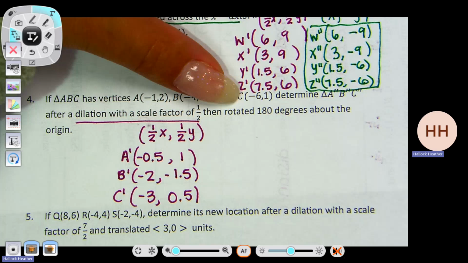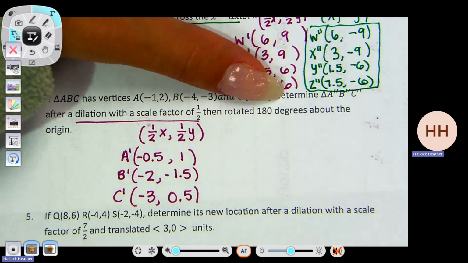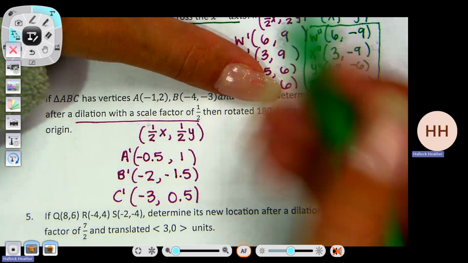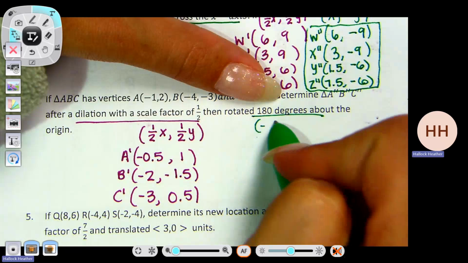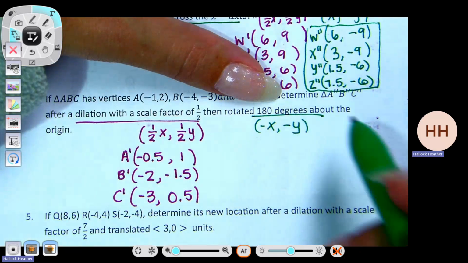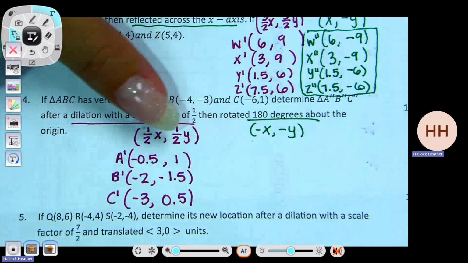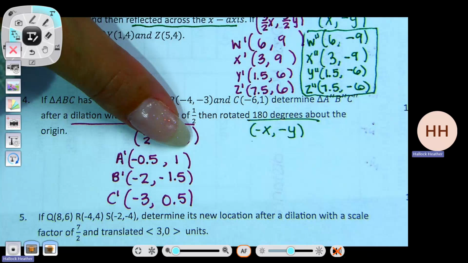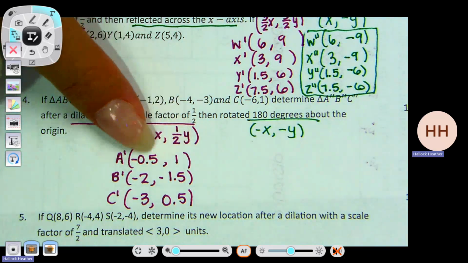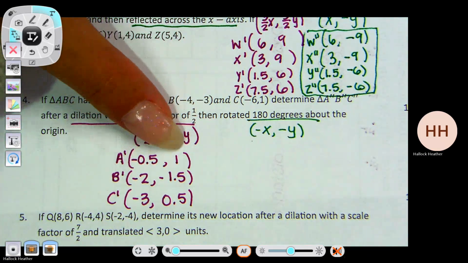Don't overthink it. Then I'm rotating 180 degrees. It doesn't say direction, clockwise or counterclockwise, because for 180 it does not matter what direction you go. So what's my rule? Negative X, negative Y. So all you're doing is changing the signs. If it was negative 0.5 and positive 1, it's just the opposite: positive 0.5, negative 1.